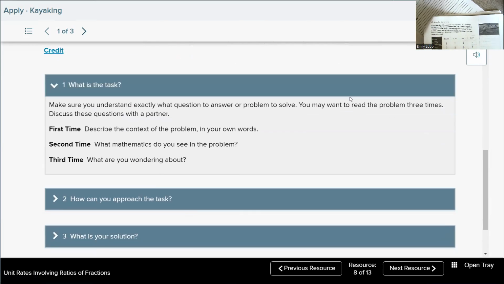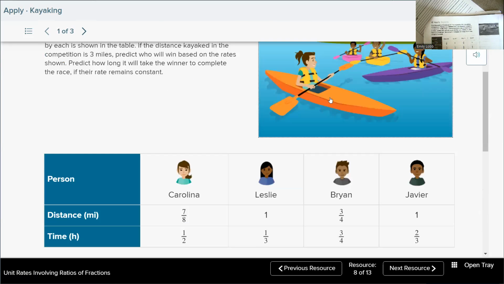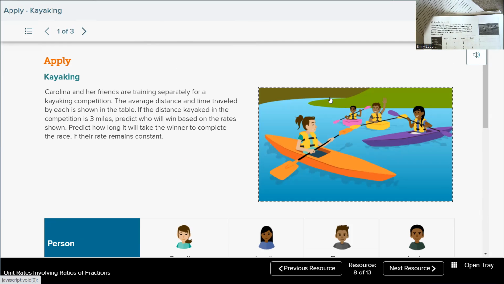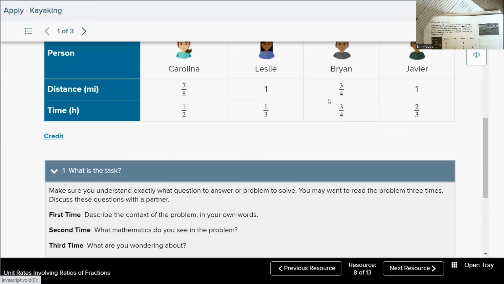The second time, what mathematics do you see in the problem? Well, we see 3 miles, we see rate, we see table, we see average distance. We see time, we see if their rate remains constant. So there's a whole lot of math going on.